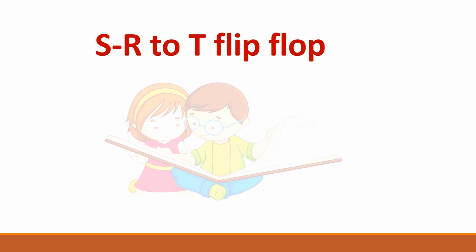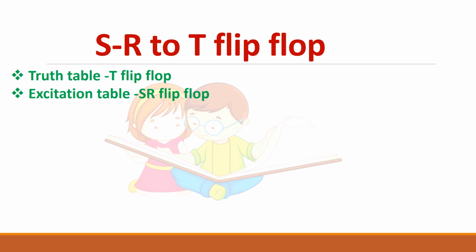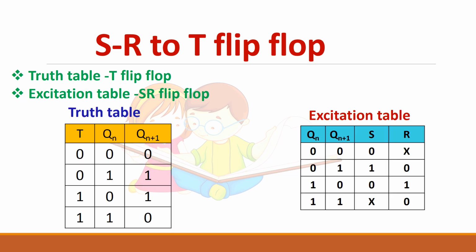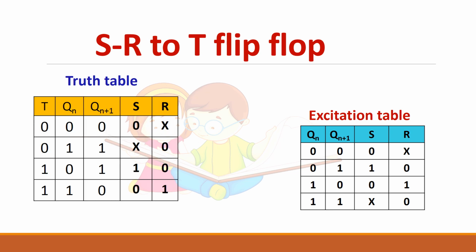Next we will convert SR flip-flop into T flip-flop, that is toggle flip-flop. Again you need the truth table for T flip-flop and excitation table for SR flip-flop. So for this combination of 0 0, what is the S and R value? 0x.